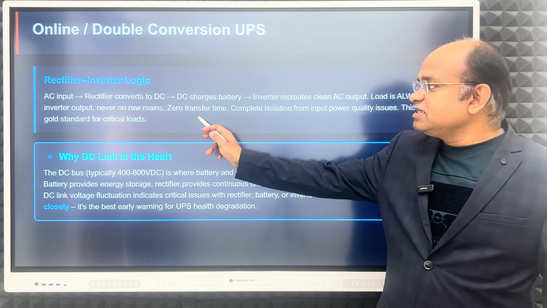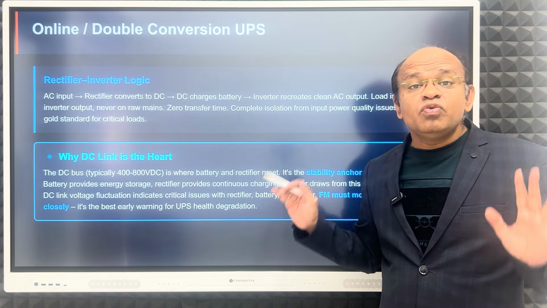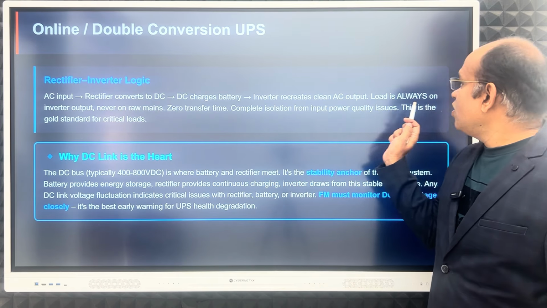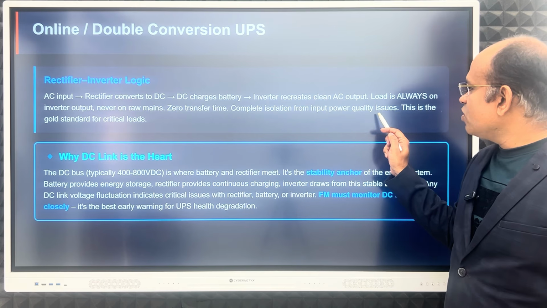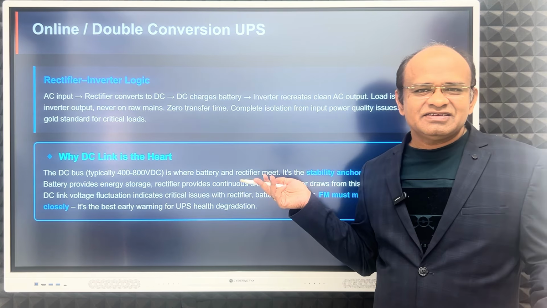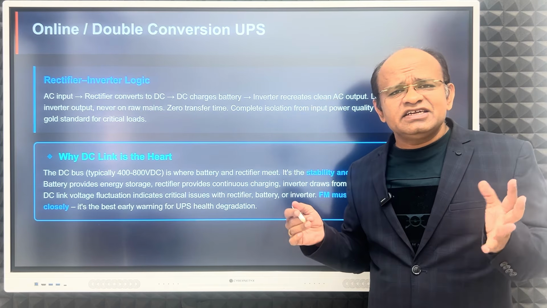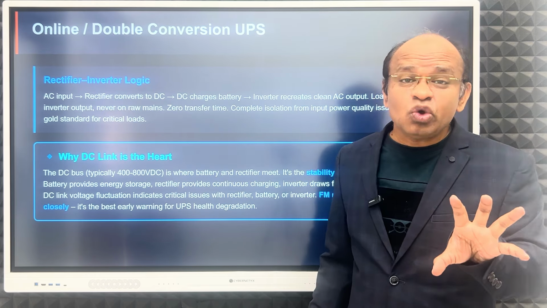Always on inverter means zero transfer time. Then there is complete isolation from input power quality issues, because it is not using the input directly. It is using it as an energy source.